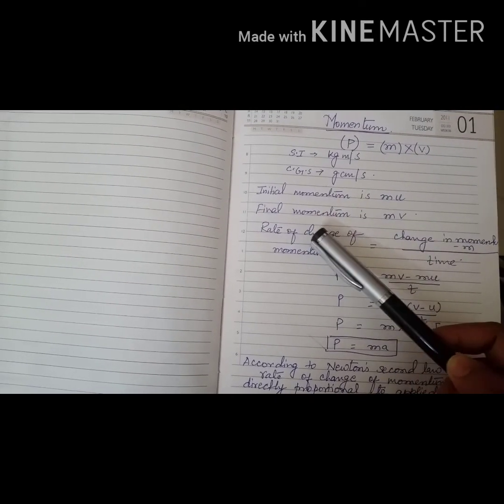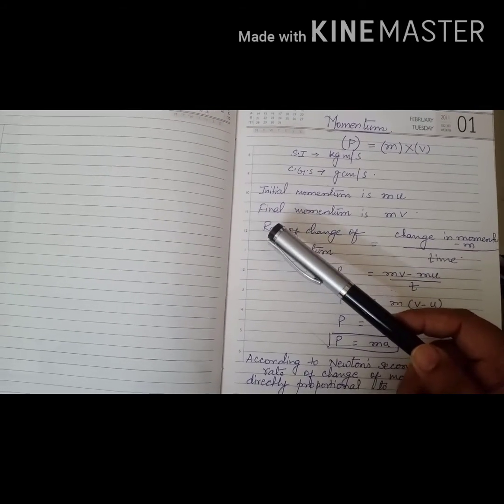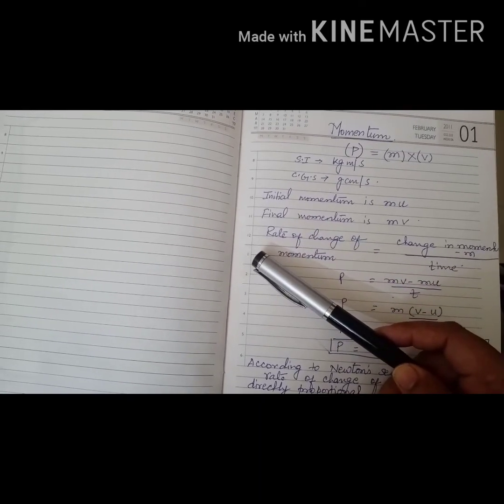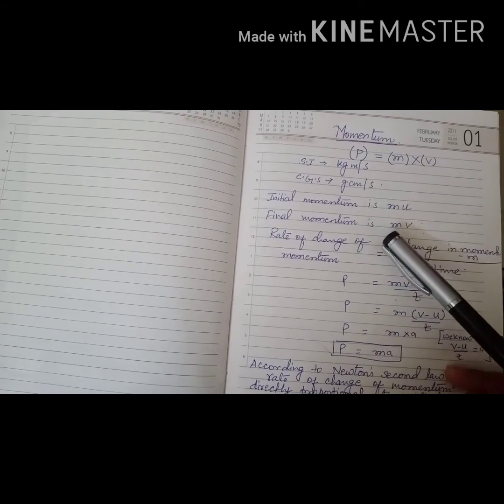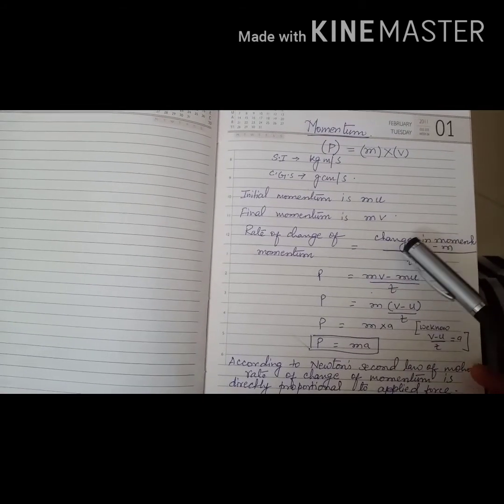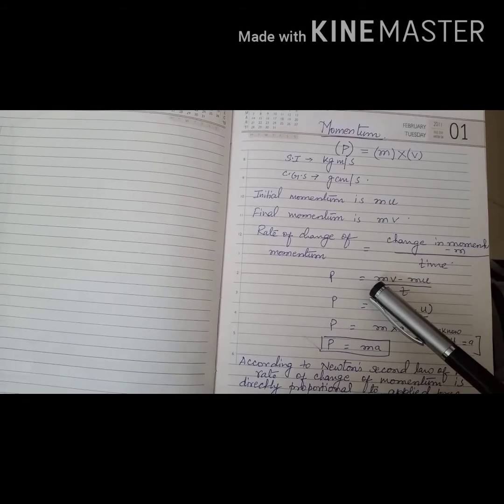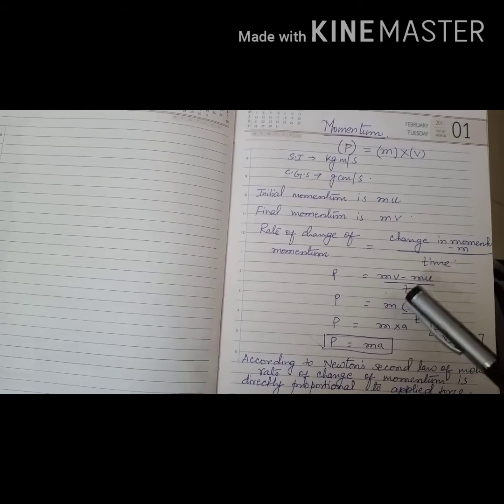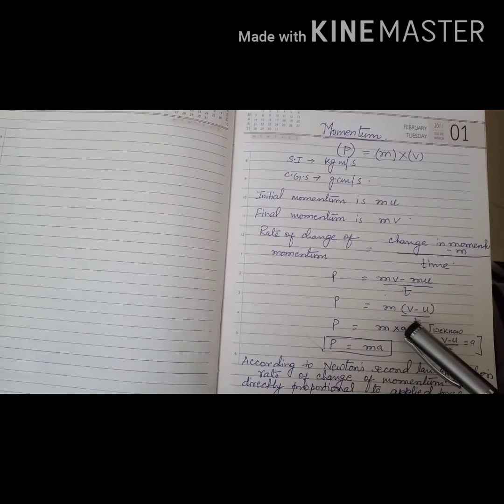What is the rate of change of momentum? Wherever rate comes, that means it is asking with respect to time. So some time before the momentum was mu, and after a certain time the momentum has changed to mv. So it is change in the momentum upon time. Now we write final momentum minus initial momentum upon t. m is common, so m(v minus u) upon t.